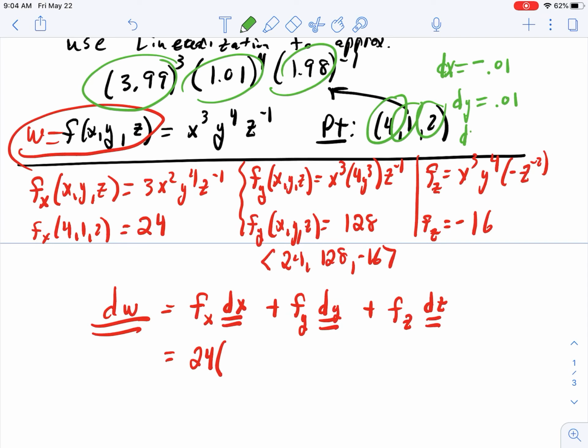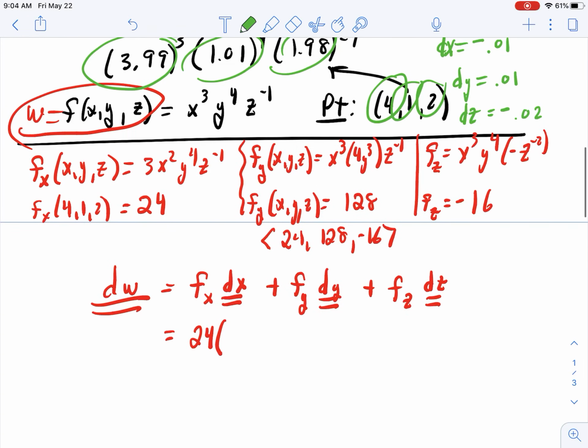And what's the change of my z's? dz would be negative 0.02. So coming back in here, this would be negative 0.01. My slope 128 would be now 0.01, and negative 16, and we change to negative 0.02.